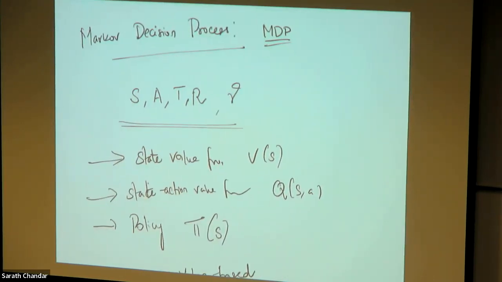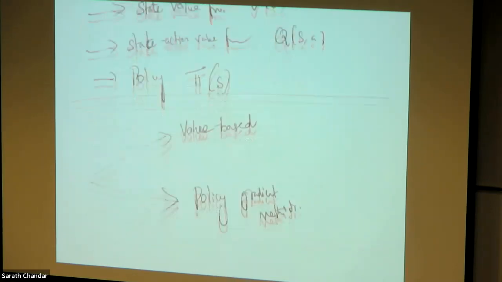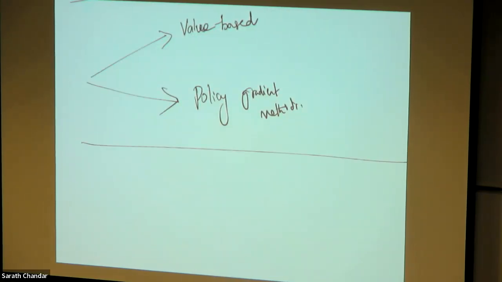Now, the classical method for solving Markov decision processes was based on dynamic programming. If you remember our discussion on dynamic programming, the basic assumption is that the transition dynamics of the world is given to you. So in some sense, you are not learning anything; you are just estimating the policy. It's not a learning-based approach.